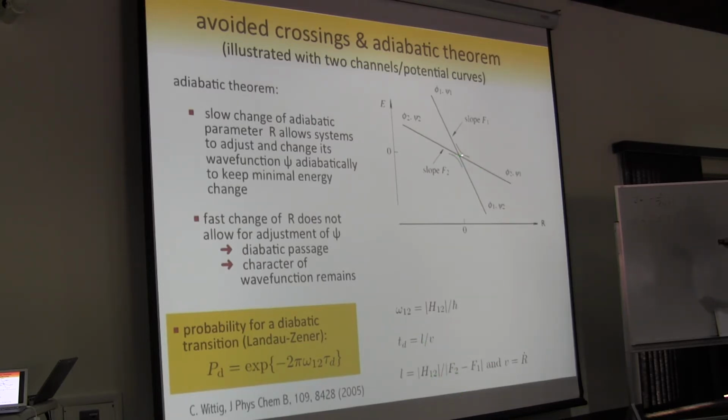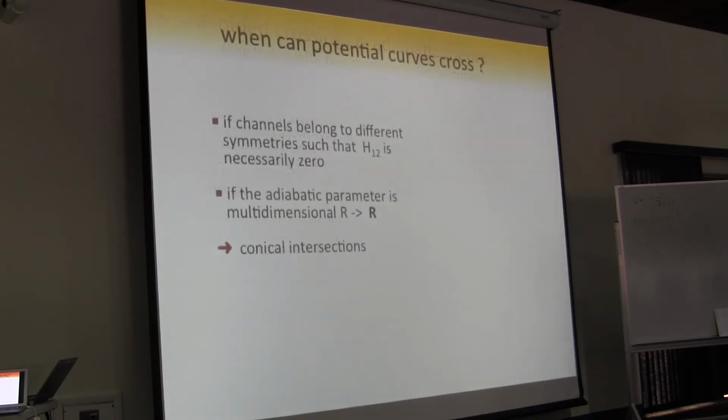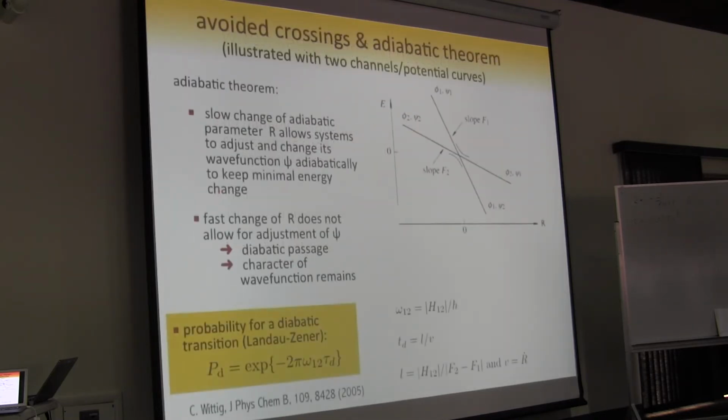This is the coupling matrix element, the gap at the avoided crossing, h12, that's an energy, divided by the difference of the slopes of the two curves. So this is then a length, because the slope of the curves is an energy derivative with respect to a length. So dividing energy by energy over length gives you a length.